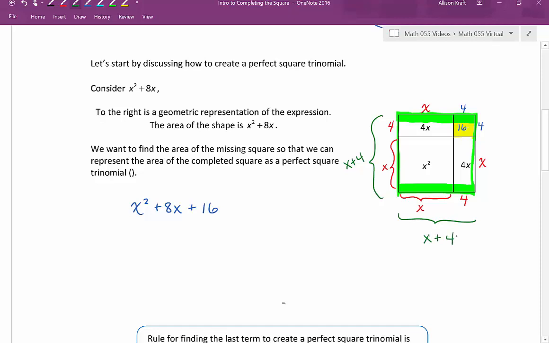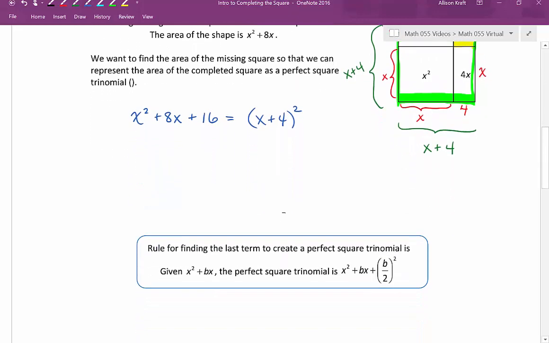Therefore, we could say the area of this completed square is x plus 4 times x plus 4, or x plus 4 squared. We've completed the big square, creating a perfect square trinomial, x squared plus 8x plus 16, which can then factor into a binomial squared, x plus 4 squared.